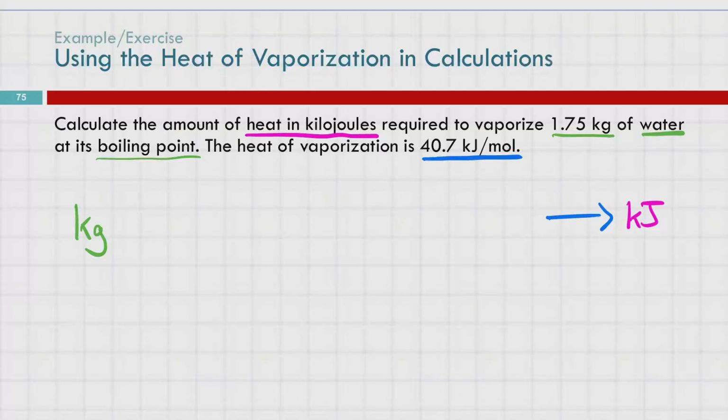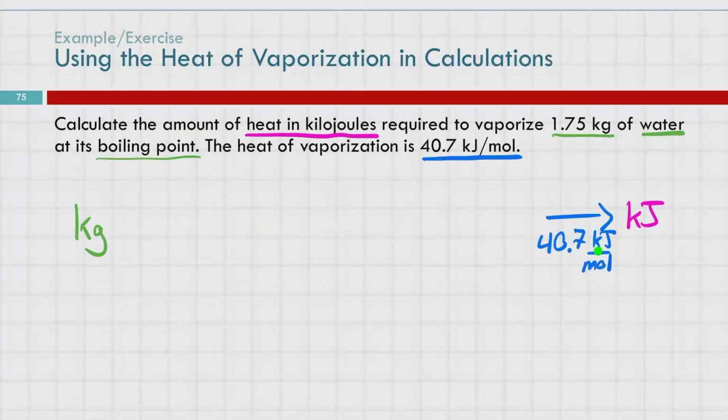We could get there from joules. Do we have a number that has kilojoules in it? We do. We have 40.7 kilojoules per mole. So we can get to kilojoules by using this heat of vaporization.